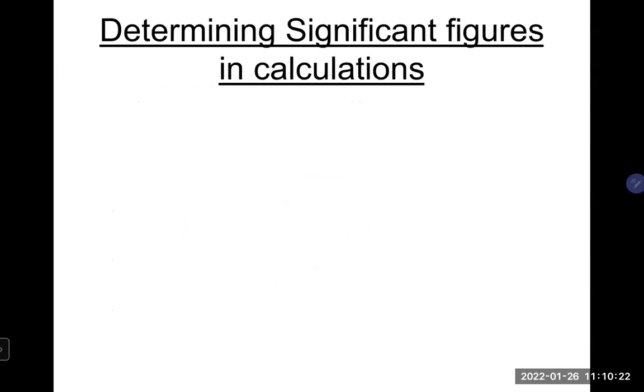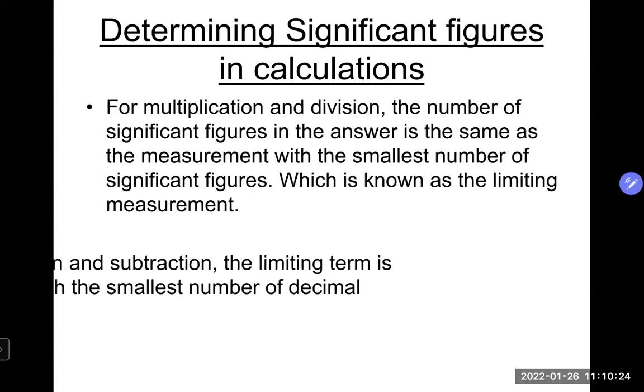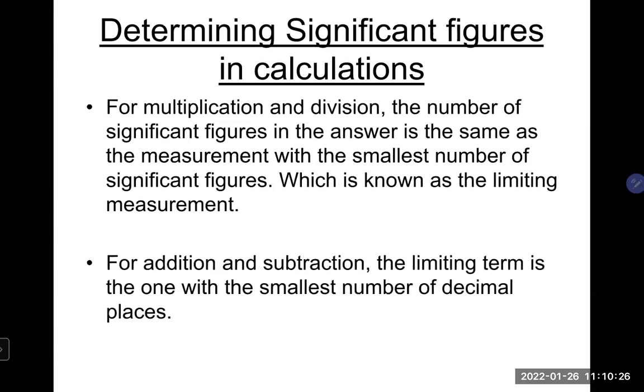Then more importantly, let's talk about what we should do with significant figures when we're doing calculations. Whenever you do calculations, you should always try to give the answer to the correct number of significant figures. There's really 2 big classes of stuff that we do. One is we multiply or divide.